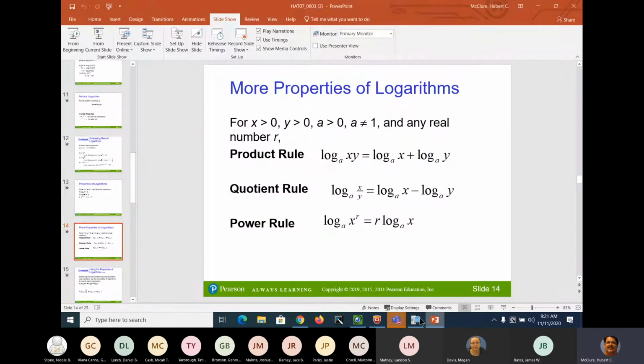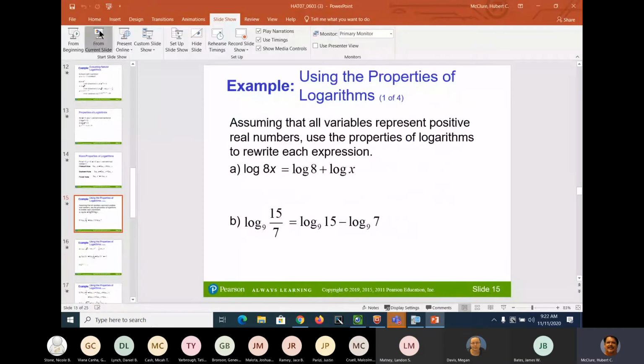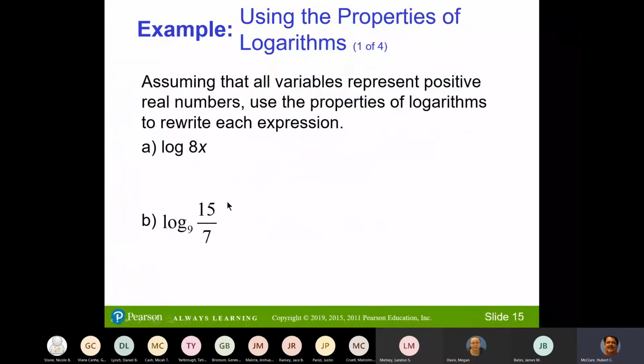So let's take a look at our first example. At least I think there's going to be an example. And there is the example. There's two examples. Now, they do not have equal signs, so therefore, they're not equations, they are expressions. So we're going to rewrite.